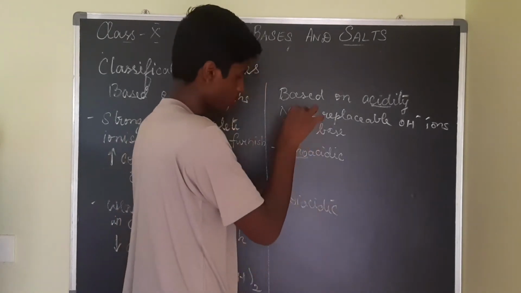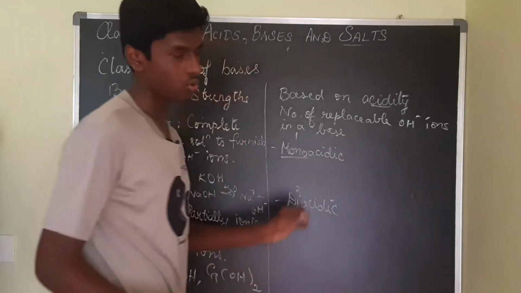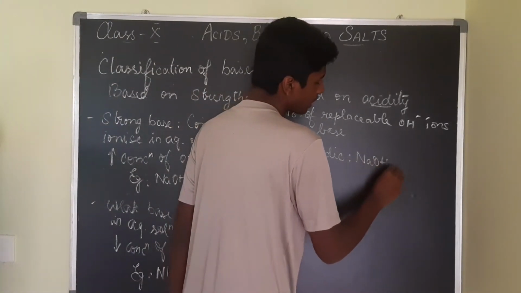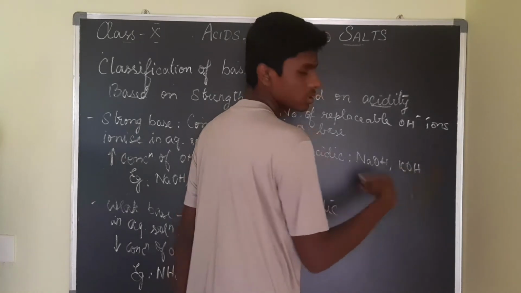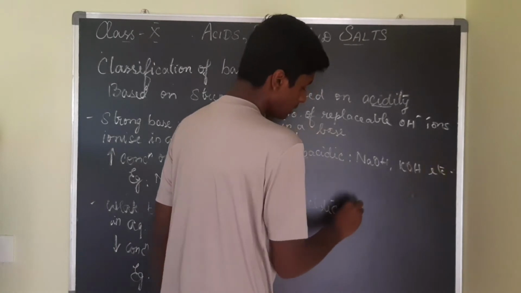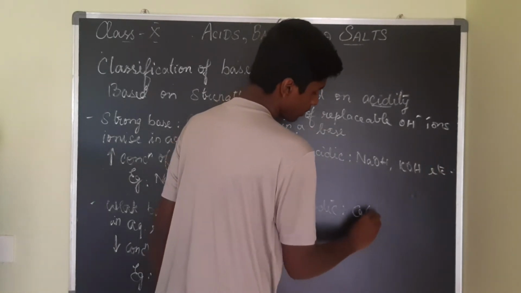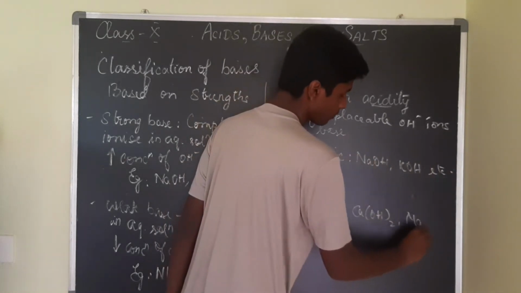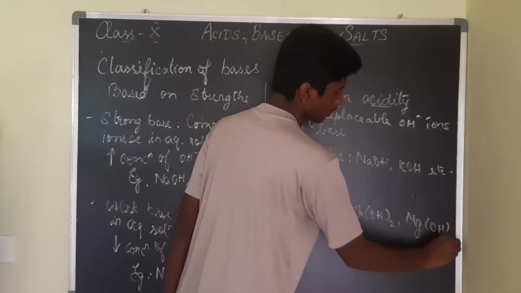Mono means 1, di means 2. Monoacidic examples are NaOH, KOH, NH4OH, and many more. Diacidic bases, for example, are calcium hydroxide and magnesium hydroxide, and many more.